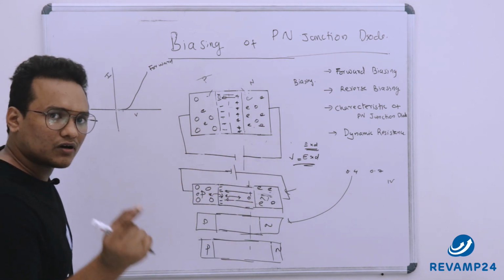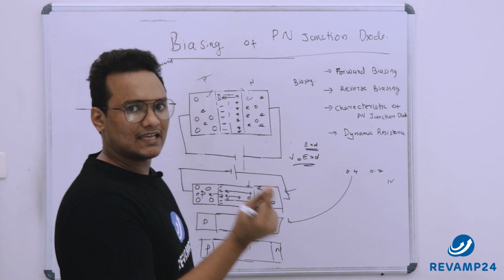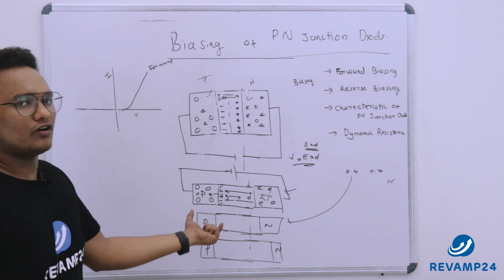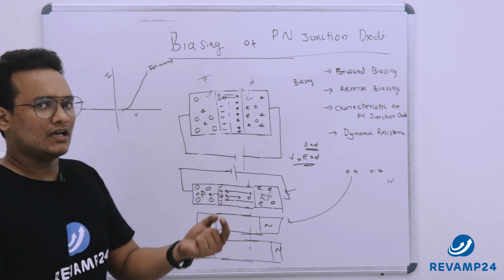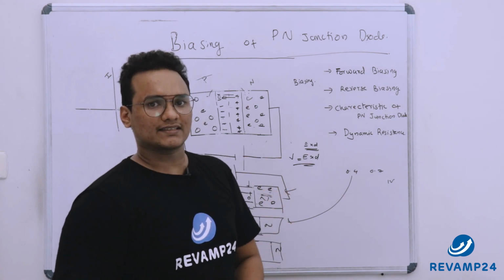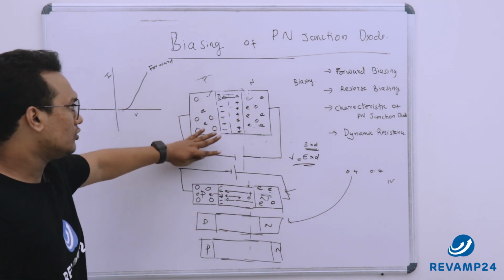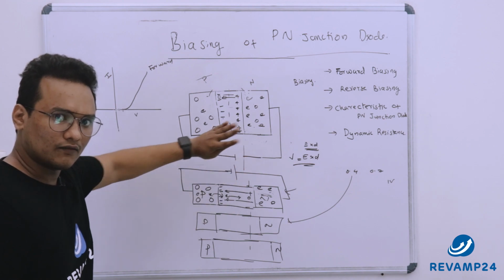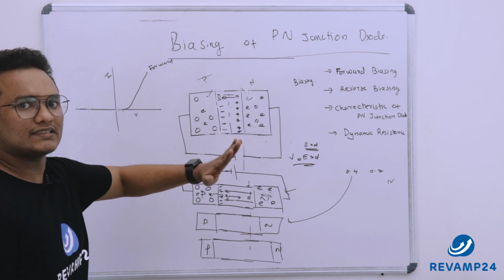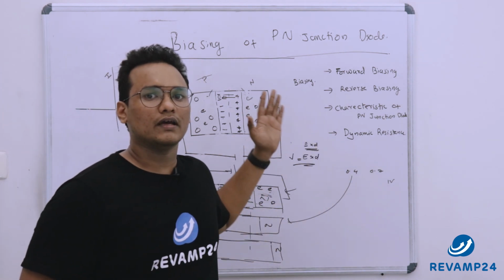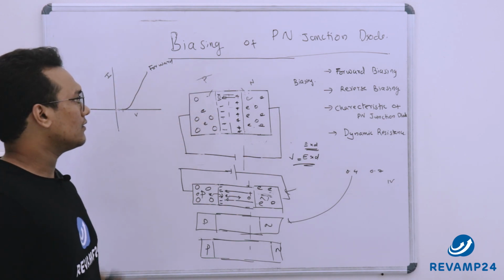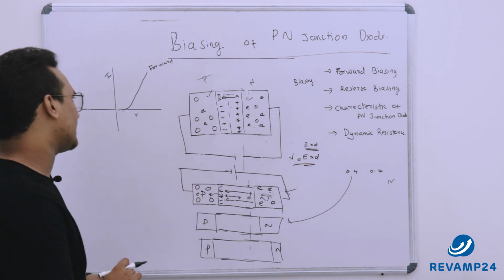But the number of minority charge carriers, as the name suggests, is very small. So the current due to minority charge carriers is very small. Generally we say this with the perspective of majority charge carriers. Here in reverse bias, I would say current is 0, because I am only talking about majority charge carriers. Majority charge carriers cannot make any current in reverse bias, but minority charge carriers would be there.